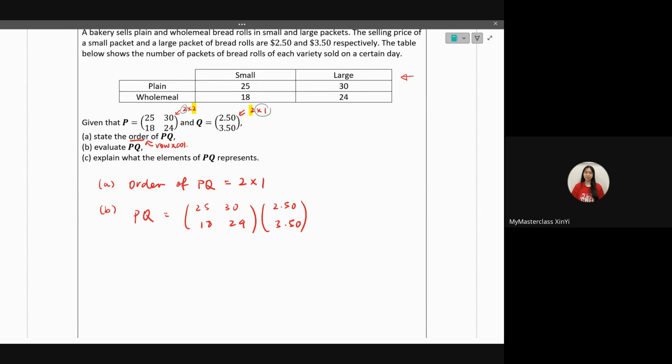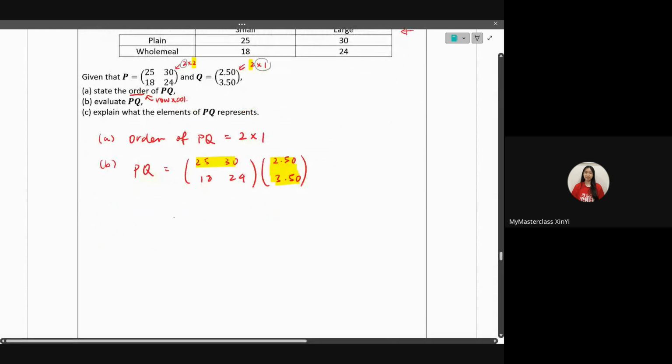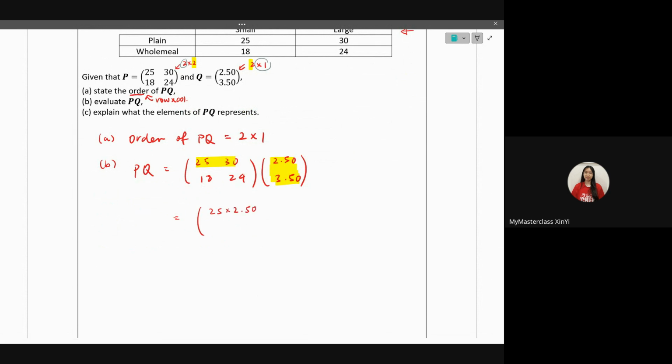First do row 1, column 1, which gives you 25 times 2.50 plus 30 times 3.50. Then for your second row, first column entry, 18 times 2.50 plus 24 times 3.50.